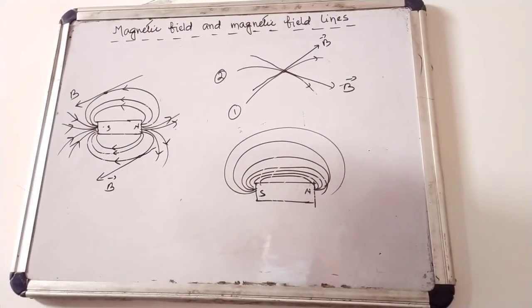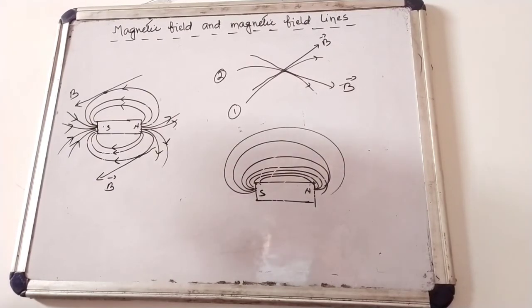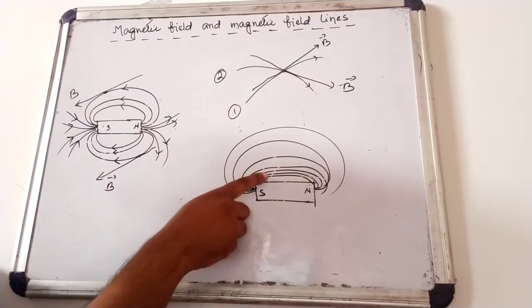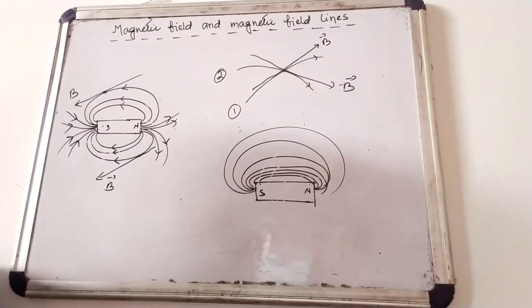This is because near the magnet magnetic strength is large, and if we increase the distance, strength of the magnetic field also decreases. So the property is that the magnetic field lines are closer together in this portion, in a region of strong magnetic field.